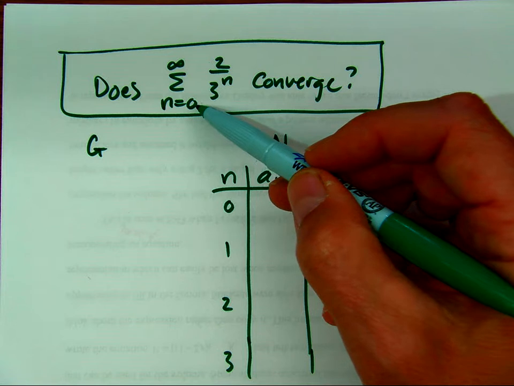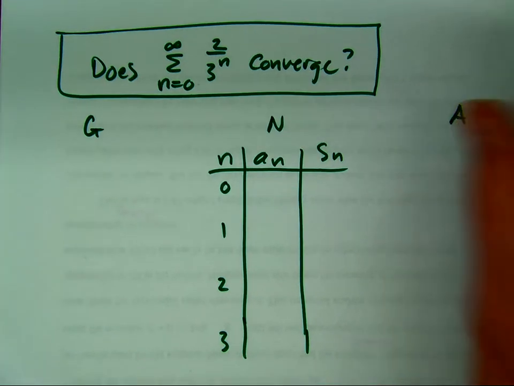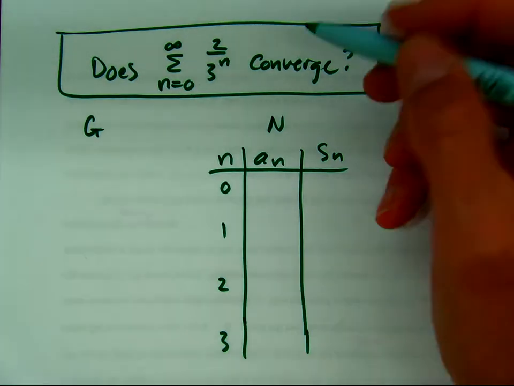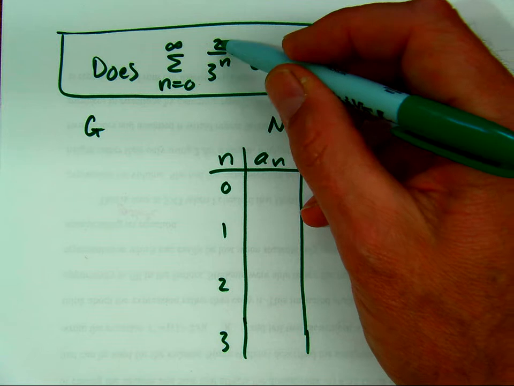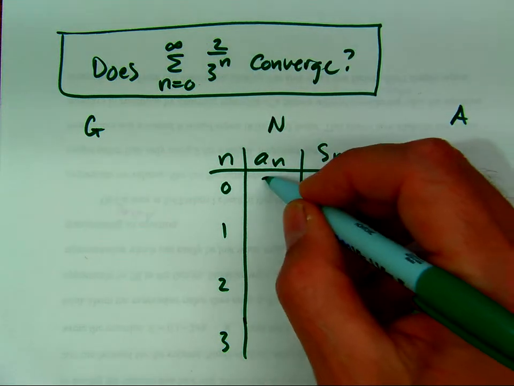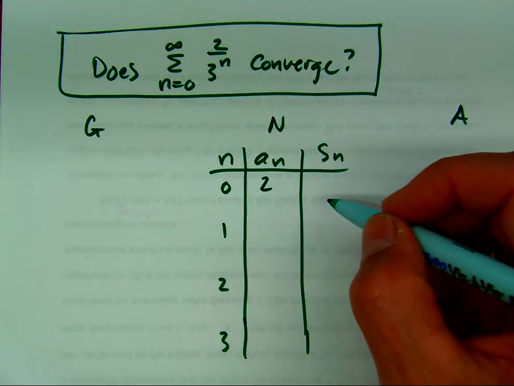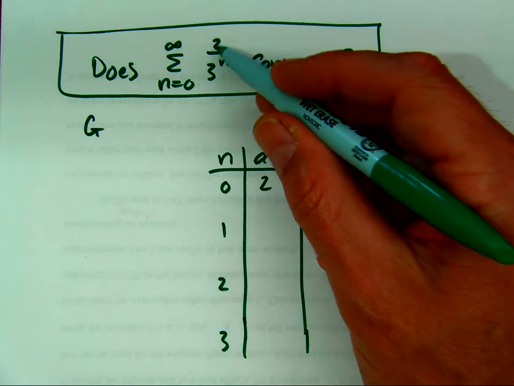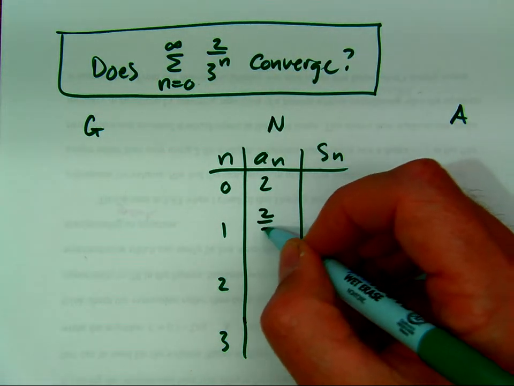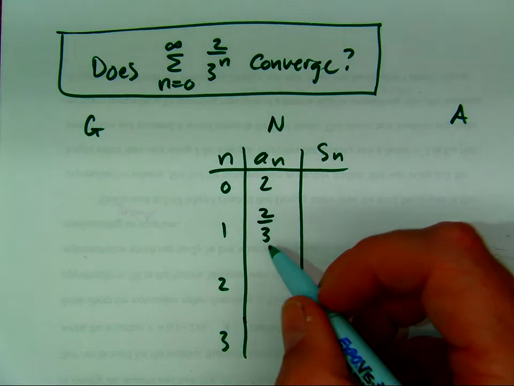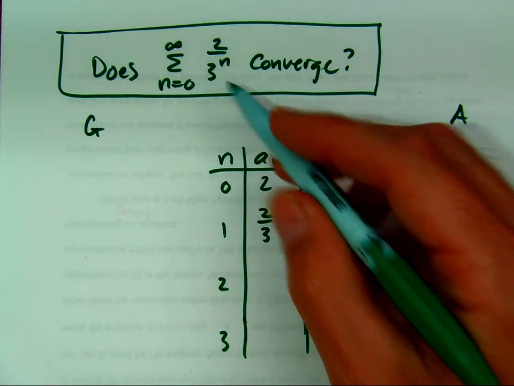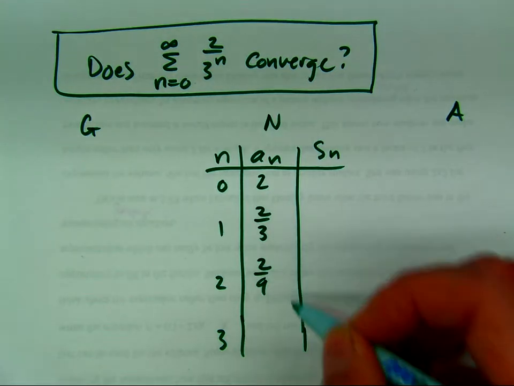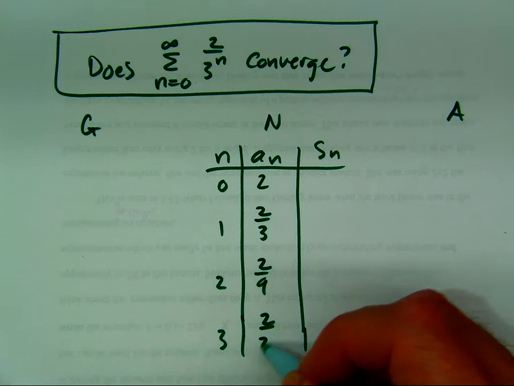And here we have to start with n equals 0. So I put a 0 there. 2 over 3 to the 0 is 2. Then we'll put a 1 in place of n, and that'll be 2 over 3. Put a 2 there, we get a 9. 2 over 9. 2 over 27.